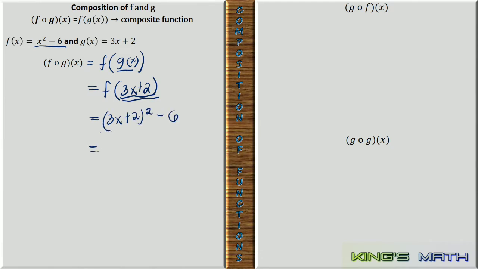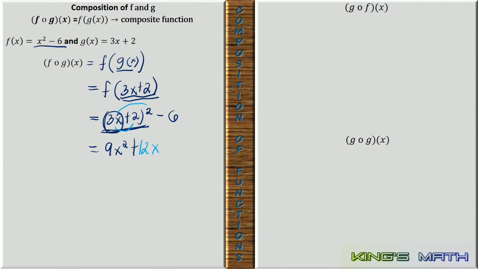Okay, how are we going to simplify this one? If the exponent is 2, first, we're going to square this one, that is 3x squared or 3x times 3x, which is 9x squared, plus 2 times 3x is 6x, 6x times 2 is 12x.